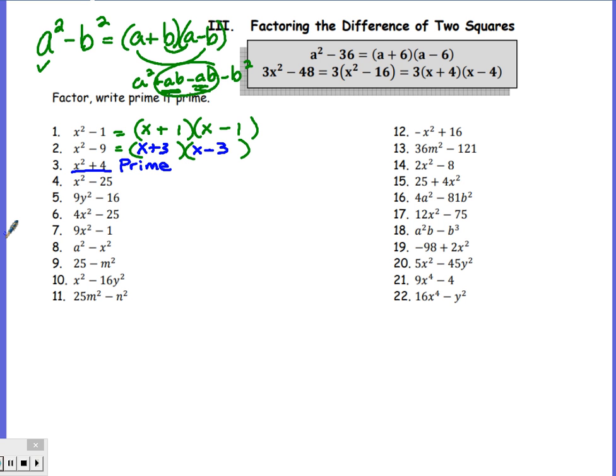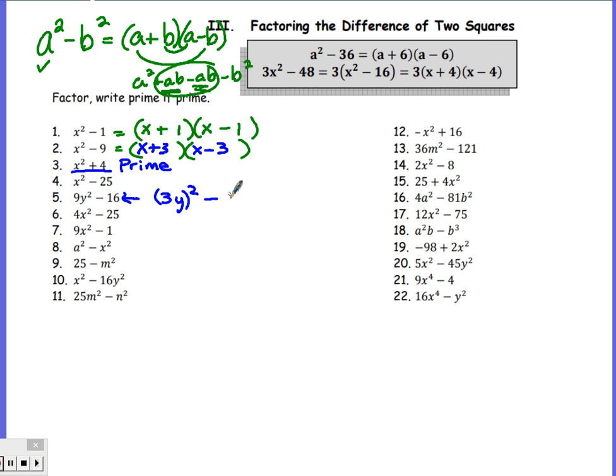All right. Now, then we get to more exciting looking ones like this. This is still just perfect square. 9y squared is what quantity squared? Really, 9 is 3 squared. Y squared is just y squared. So 3y, if I square 3y, 3 times 3 is 9. Y times y is y squared. That's my a value.